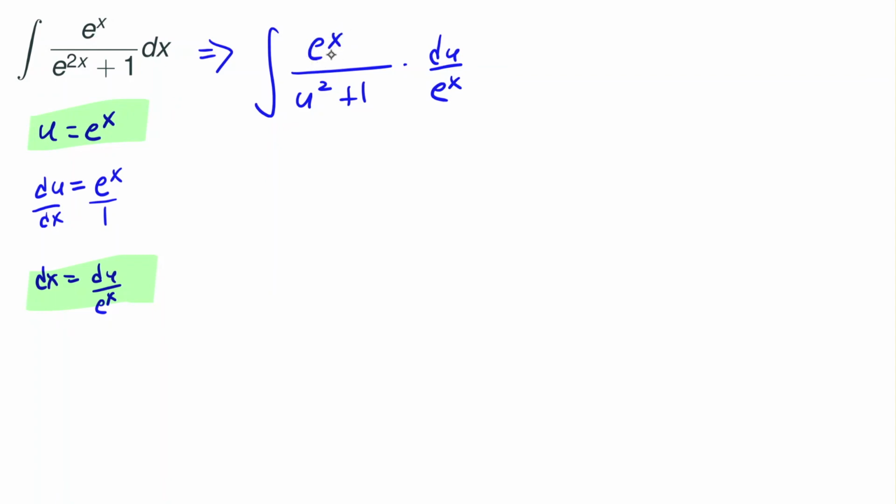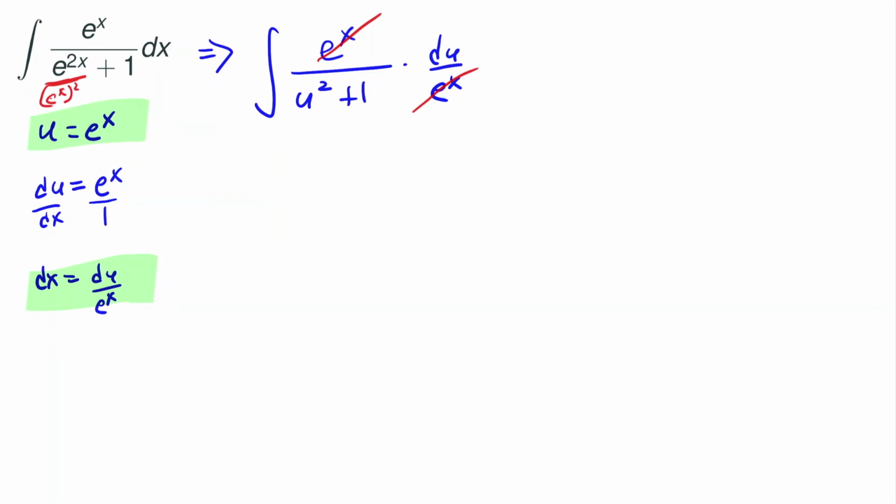Let's see. If I put u here, then this e to the x doesn't go away. But if I kept it as e to the x, we see that these two cancel out. So for this one, we only plug in u for this one right here, since this is e to the x squared.